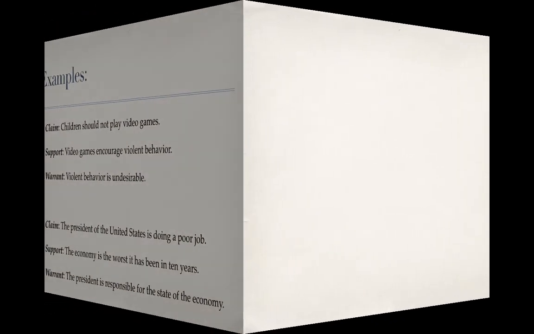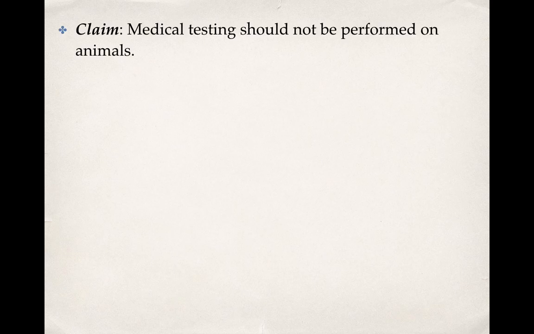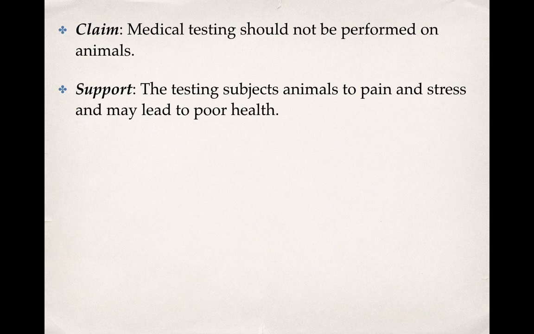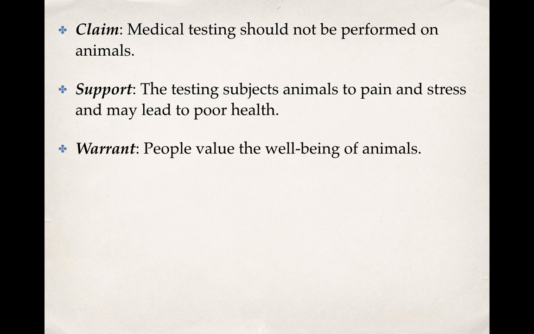And then I have one more example here that has all 6 elements of Toulmin. Here's another claim that someone might make: medical testing should not be performed on animals. And that person might give the support: the testing subjects animals to pain and stress and may lead to poor health. Okay, so that's their support. The warrant there is that people value the well-being of animals.